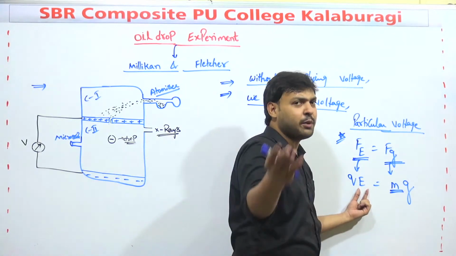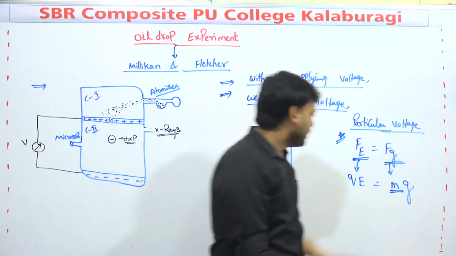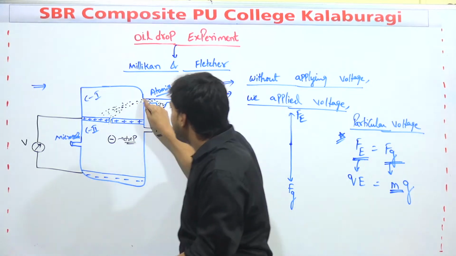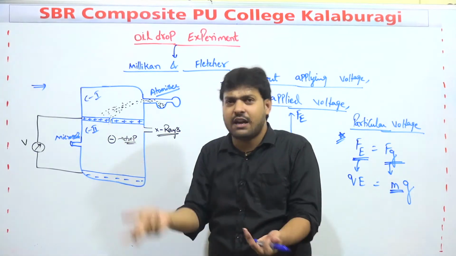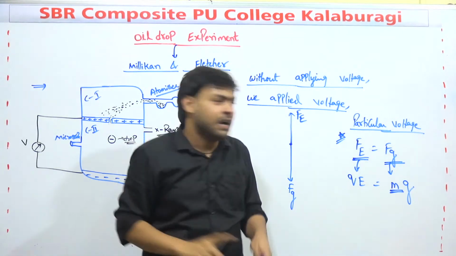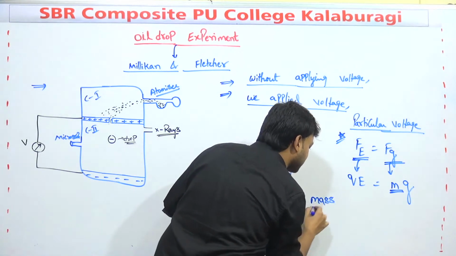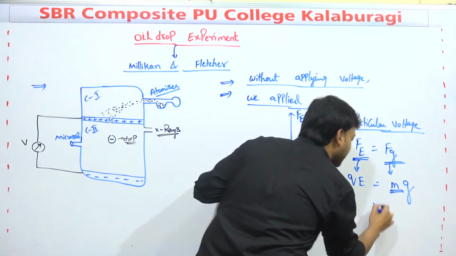It depends on the potential, and the potential is what we varied. And the mass of the drop: how much gap there is we know, and for one drop how much mass there will be we know. It's an experiment, so they have drawn a tabular column: mass of each drop and voltage applied.